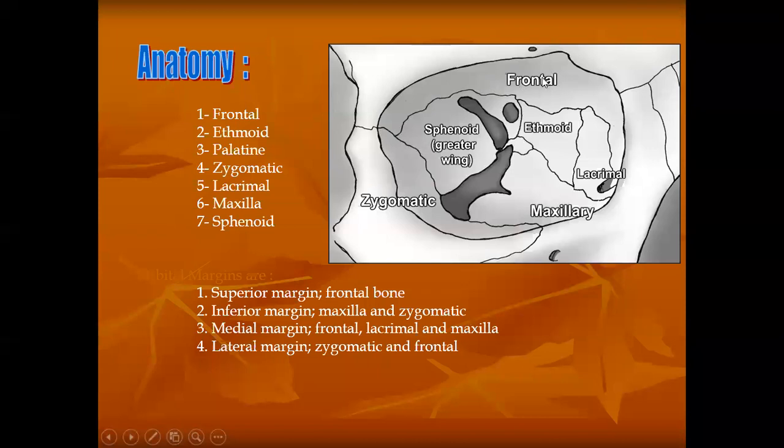In the roof, the major part is made by the frontal bone. Temporally, most of the part is made by the zygomatic bone and the greater wing of the sphenoid. The floor is formed by the zygomatic and the maxillary bone and a part of the lesser wing of the sphenoid. So these are all different parts of the orbit.